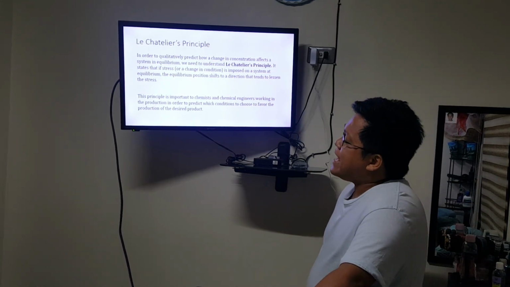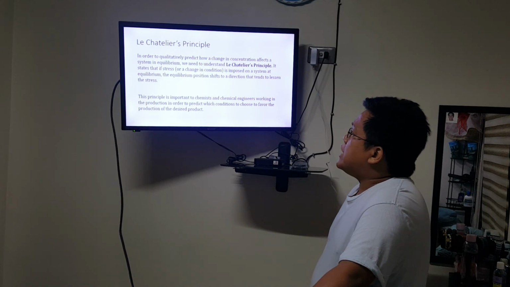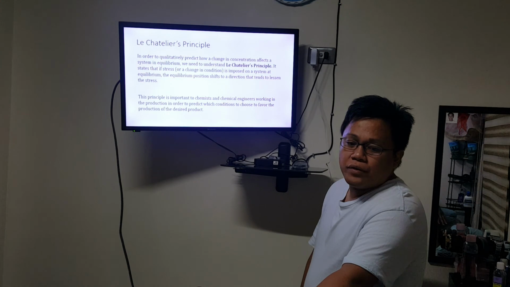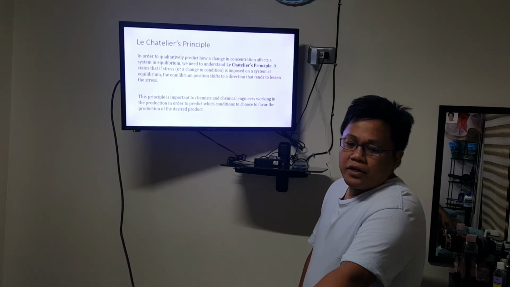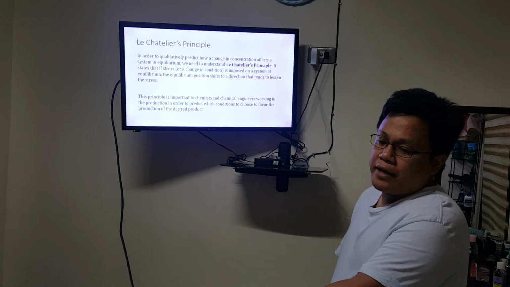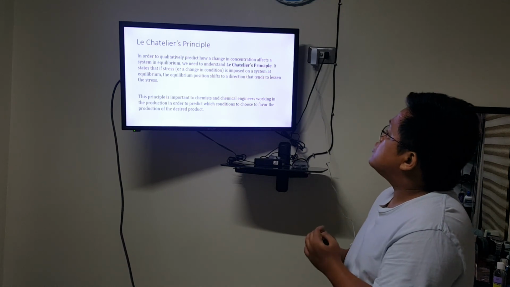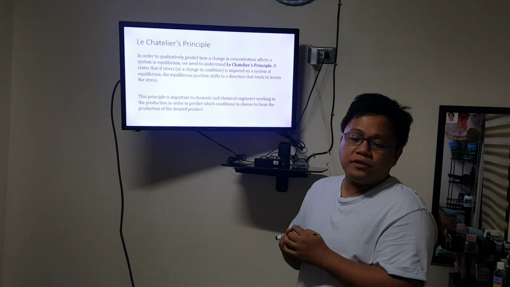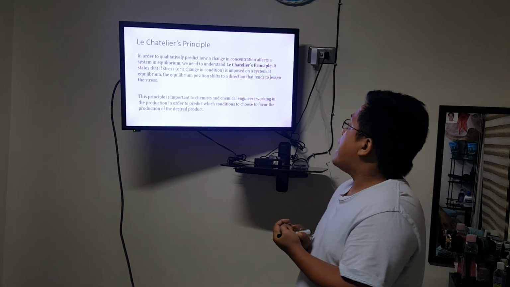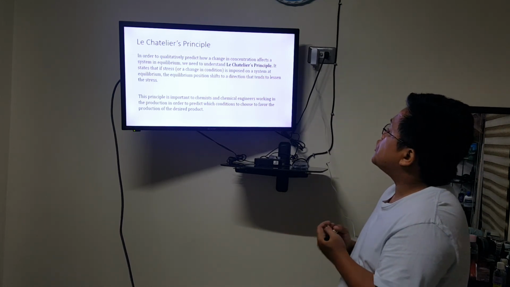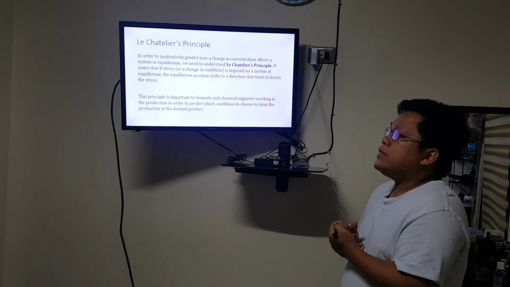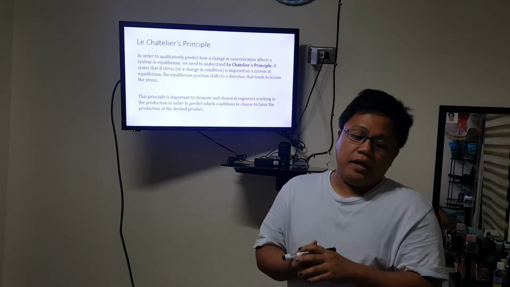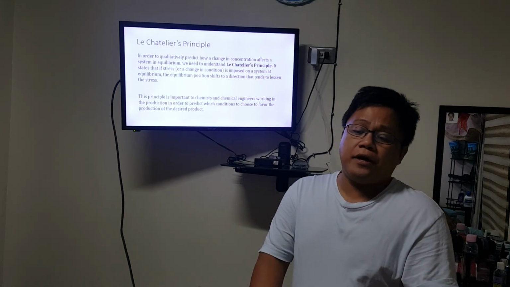It states that if a stress or a change in condition is imposed on a system at equilibrium, the equilibrium position shifts to a direction that tends to lessen the stress. This principle is important to chemists and chemical engineers working in production in order to predict which conditions to choose to favor the production of the desired product.